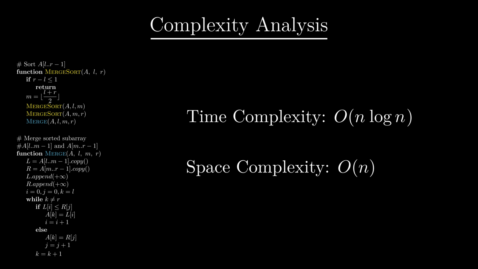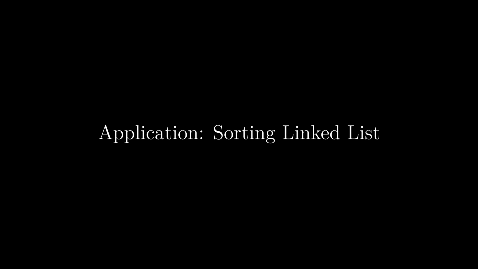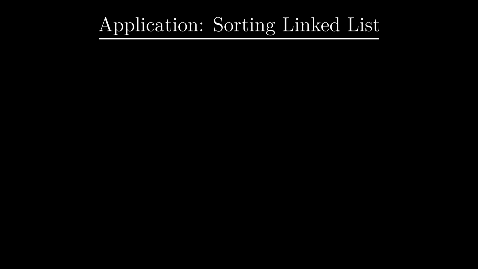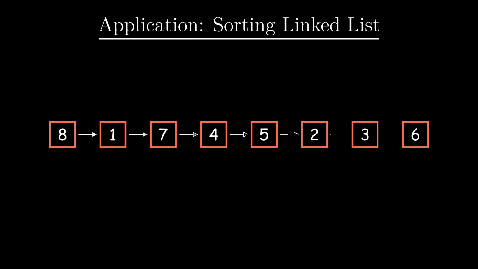After going through the algorithm, now let's visit a typical application of merge sort, sorting a linked list. As we know, the most prominent drawback of a linked list is that you cannot access its elements randomly. For example, if we want to access the 7th element in this linked list, we can only traverse the list starting from the head node until we reach the 7th element.